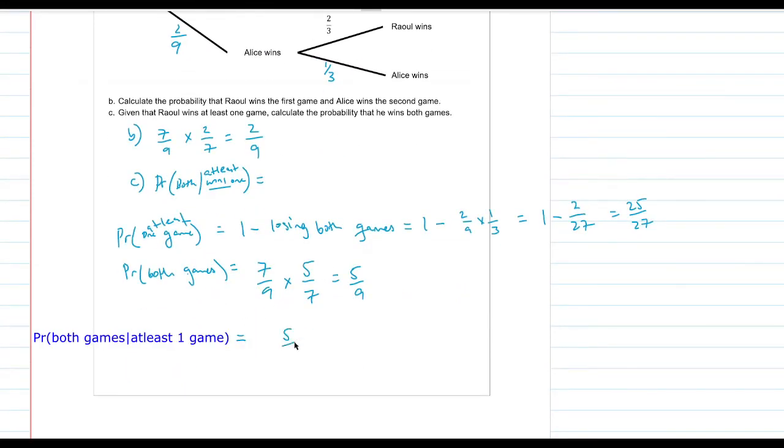So it's going to be 5 on 9 divided by 25 on 27, just 5 on 9 times 27 on 25, just 3/5.